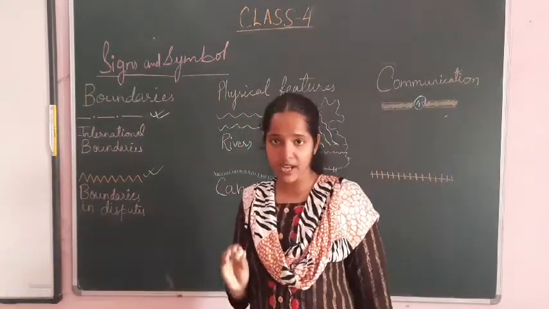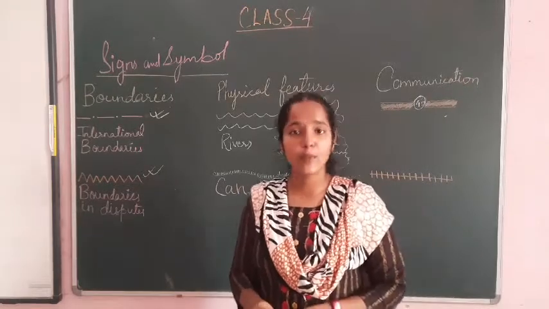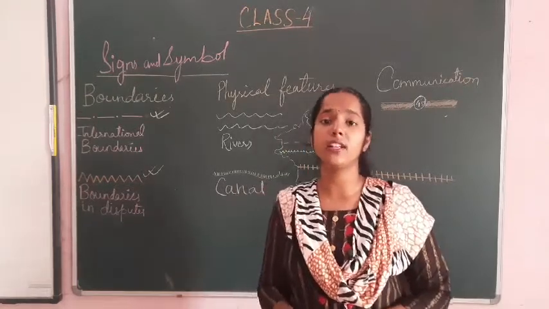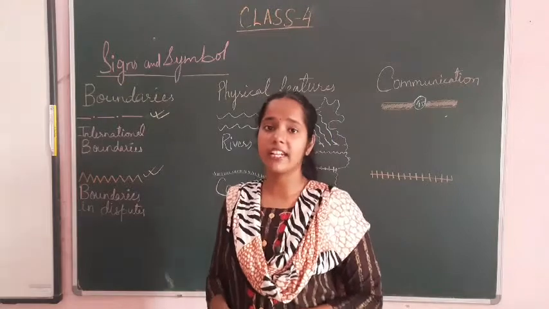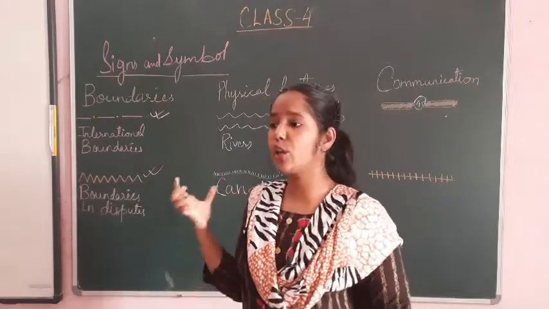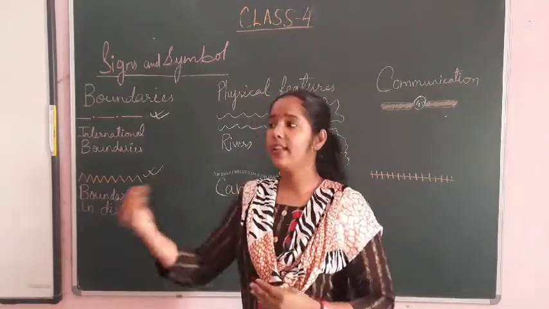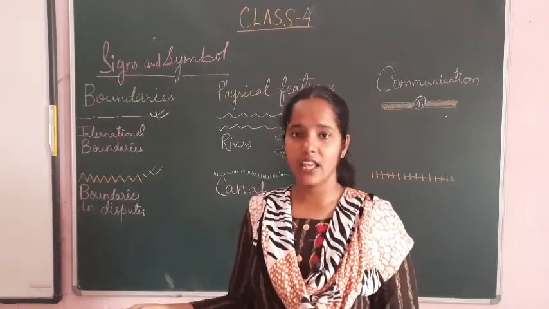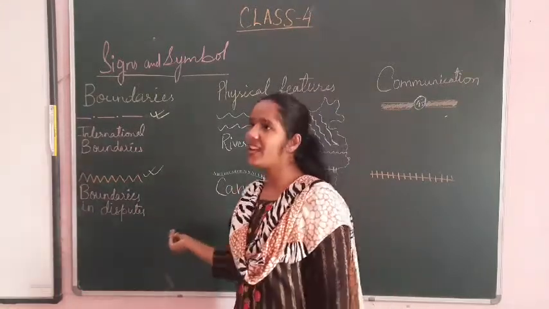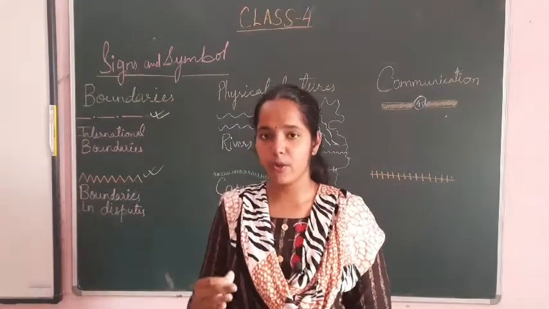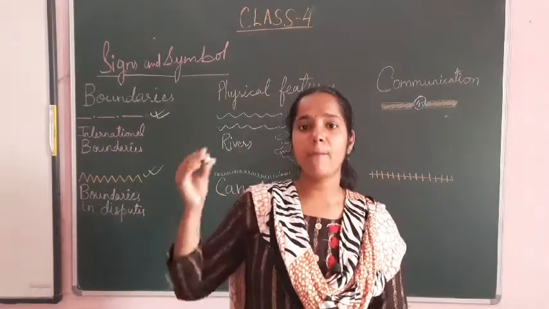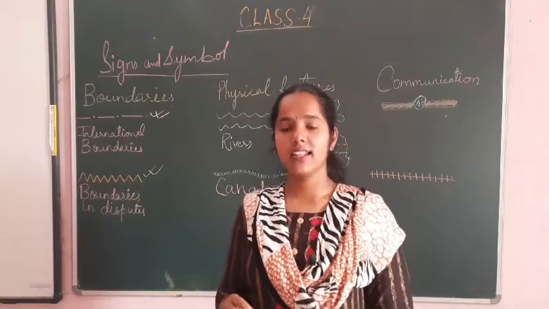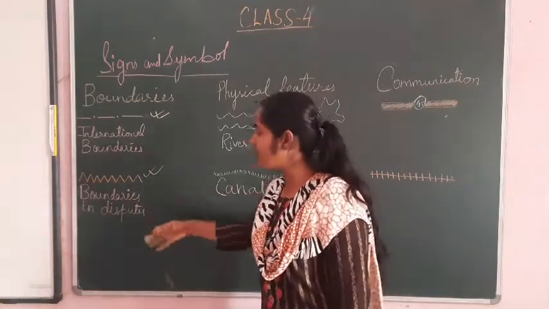When there are places which are in dispute, they are called boundaries in dispute. Disputes means fighting. When there is not an equal mentality between them and us, it's a war, isn't it? Jhagda, when we say. So basically we can say this boundary which is in dispute is from Pakistan to India, isn't it? So these are the boundaries in dispute.